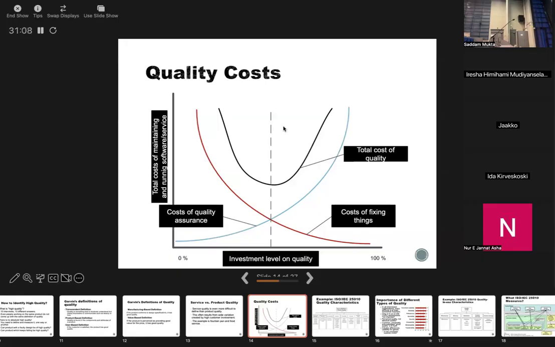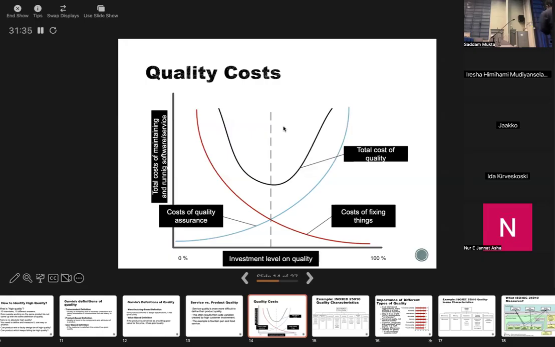Here you can see that there are two intersection points and the black curve. The black curve is a very ideal curve. This U-shaped curve tells you this is the trend that should be followed so that we can make a balance between the investment level of quality and the total cost of maintenance.